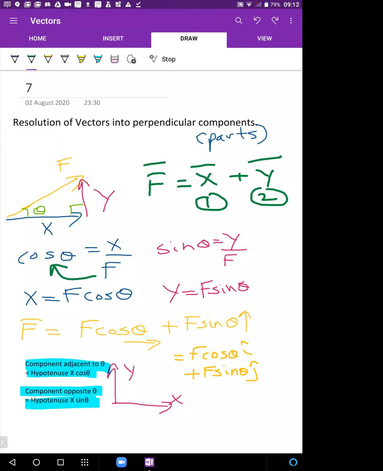Now, इससे क्या हुआ है? I can now write my f vector, है ना? This vector f, which is making some angle with the horizontal. In fact, this is how we used to represent our vectors all this while. है ना?